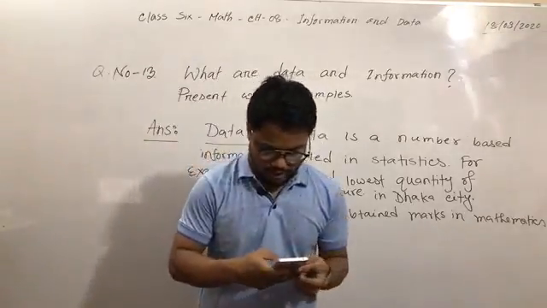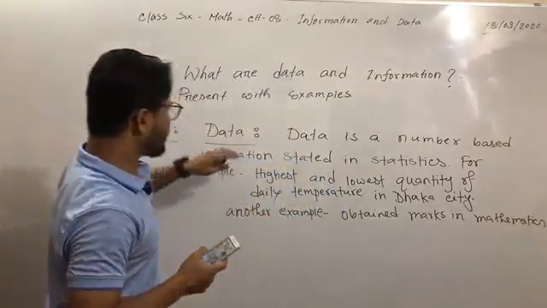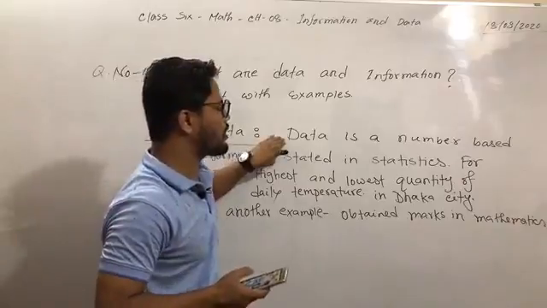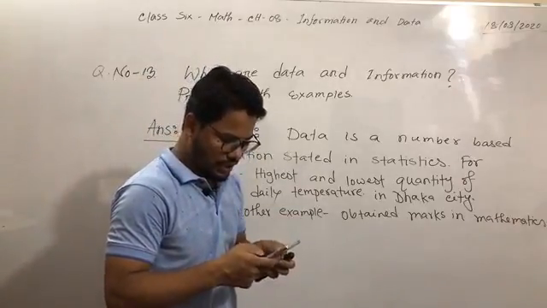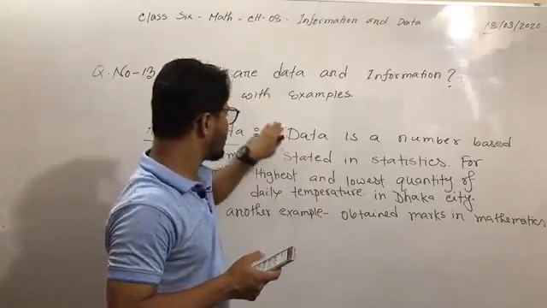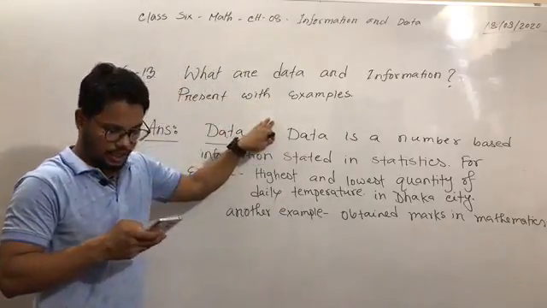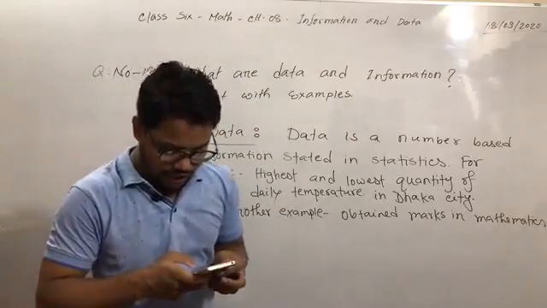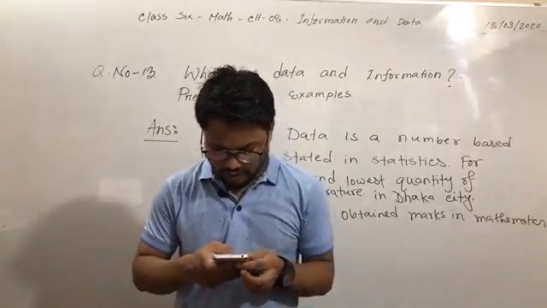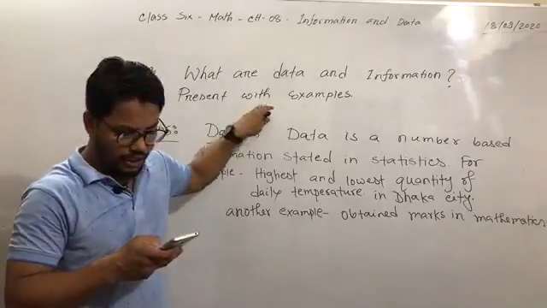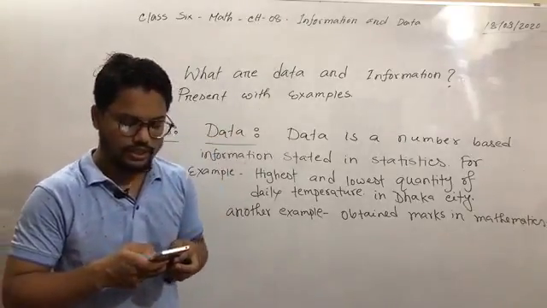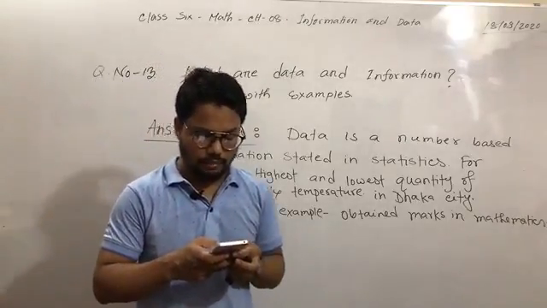Dear students, we wrote here the simple definition of data, but in the comment section you can now see I have discussed briefly what is the definition of data. So you can read this one. If you cannot see the board here, you can see the comment section, the brief discussion about this.